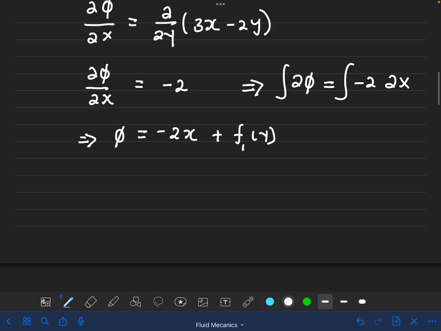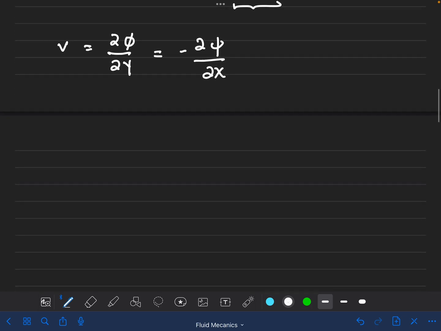Okay, and obviously, how we are going to find this function is we are going to include also the y component of velocity in here, right? And the y component of velocity is given by this expression. So it's minus the partial derivative of the stream function in terms of x. So even here we apply the same rule.